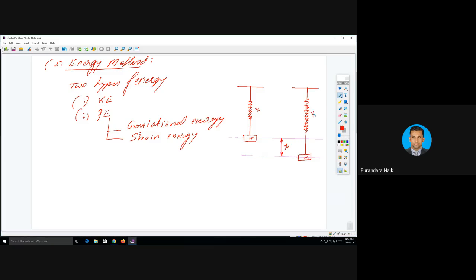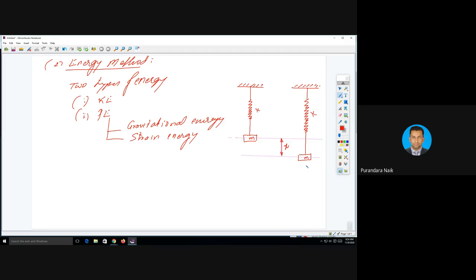This is k. We have forgotten the second position we discussed in the last class. If you apply the load, it will move a particular distance called delta. That can be considered here, no problem. But I have taken directly x, since delta is a very, very small distance traveled by the mass when you apply the load. So I have neglected it and considered directly the forced distance, that is x.